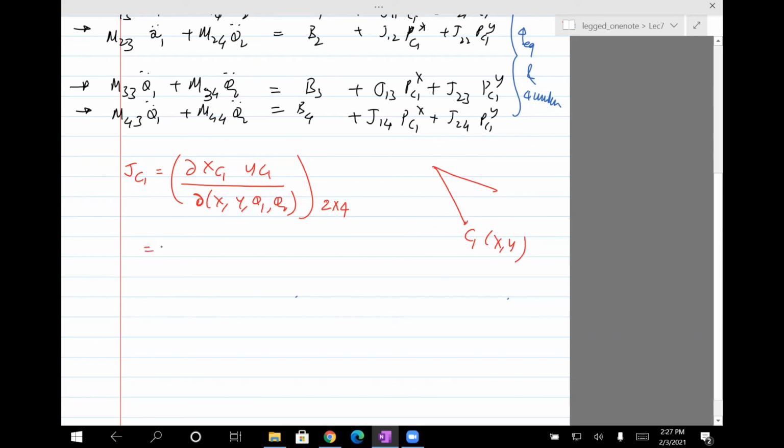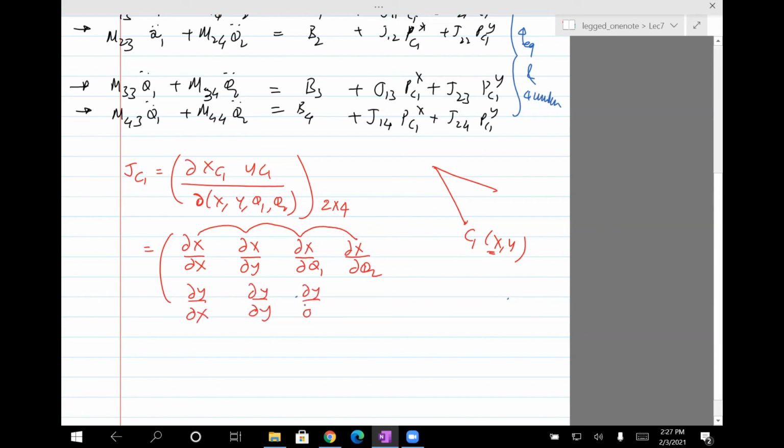And so if you take the Jacobian of this point, you'll see it's something like this: dx/dx, dx/dy, dx/d theta 1, dx/d theta 2, and then dy/dx, dy/dy, dy/d theta 1, dy/d theta 2.